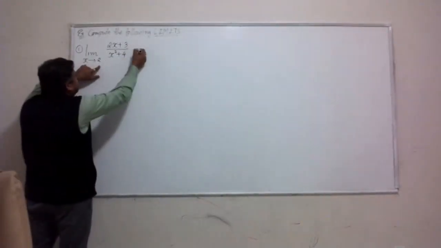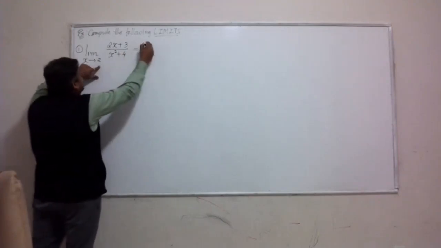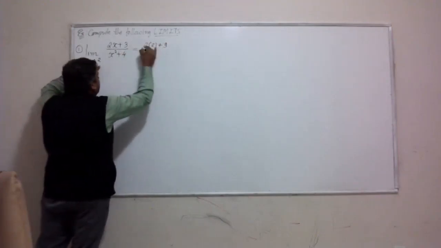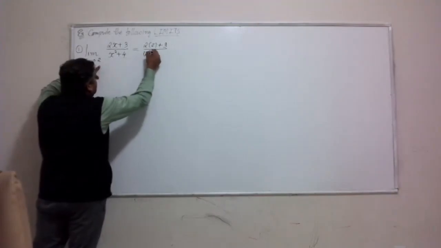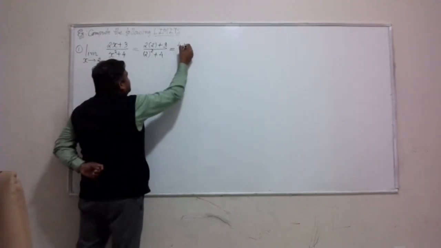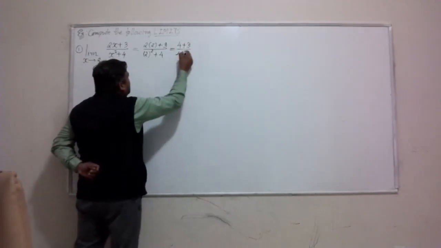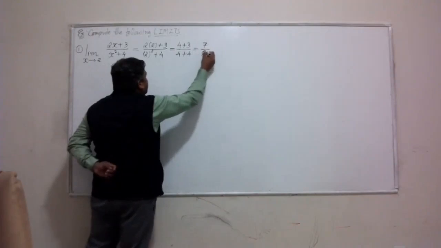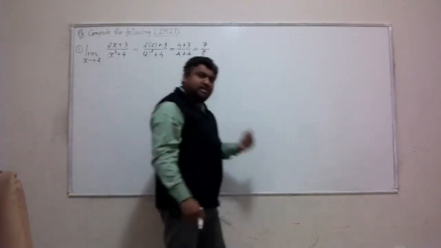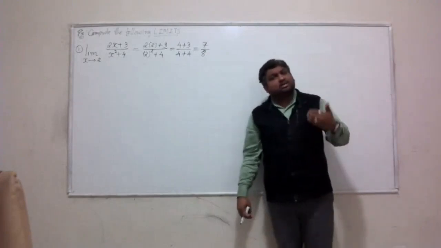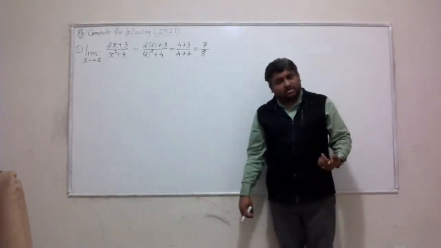We realize that the best way to understand this behavior is to plug x equal to 2 into the function and see what happens. Looks like I get 4 plus 3 on the top, 4 plus 4 on the bottom, and I end up getting 7 over 8. If you end up with a non-zero number, that non-zero number is the limit of the function.